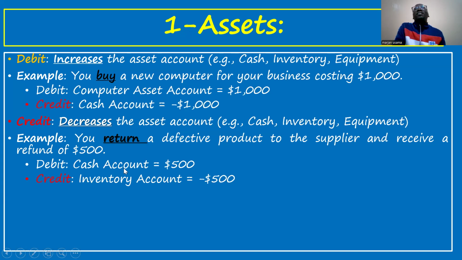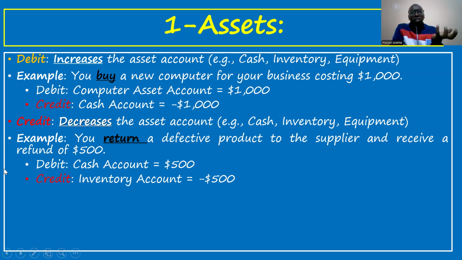So here there is an increase. Remember the cash is an asset. So when you return the product, the supplier is going to give you cash. So your cash is going to increase because you have returned the product and you've got the cash.